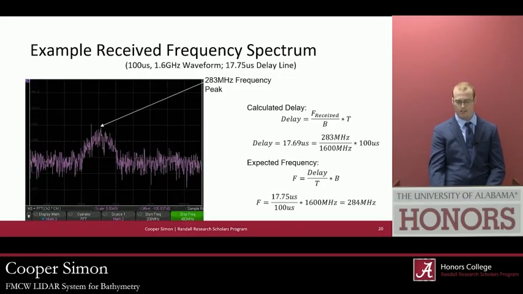Here is another example from a 17.75 microsecond delay line for a 100 microsecond period, 1.6 gigahertz waveform, where the center receive frequency is 283 megahertz, which corresponds to a 17.69 microsecond delay, which is much, much closer to the actual delay than the result from the previous ranging.